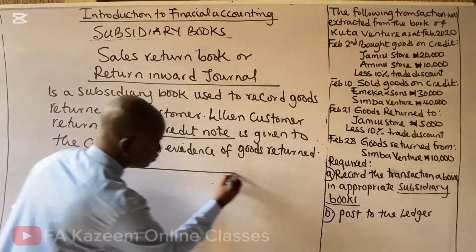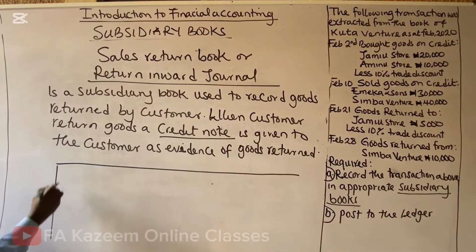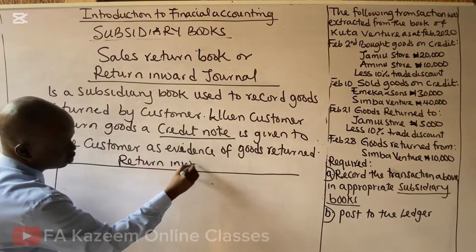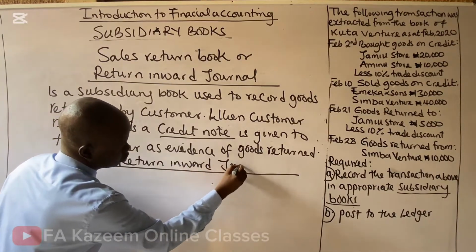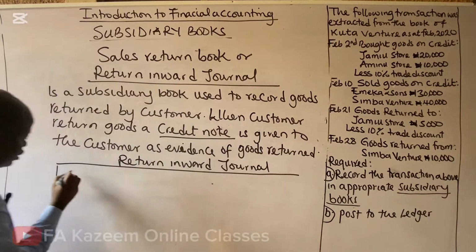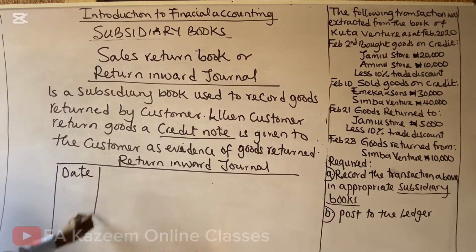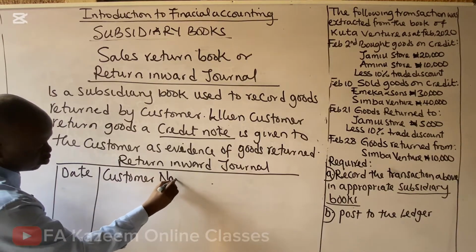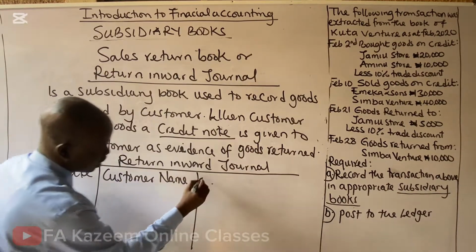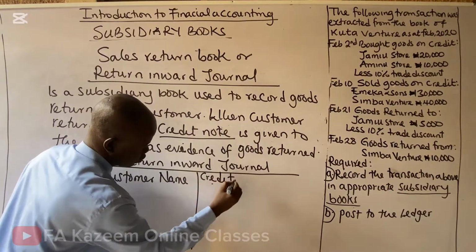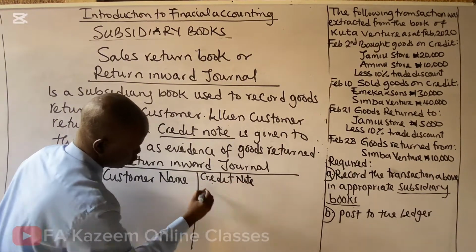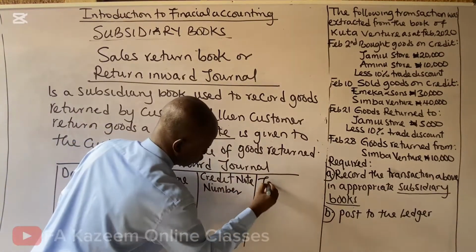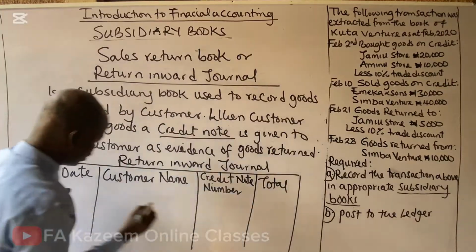In that case, debit note is received from a supplier, while credit note is given to customer. The format of return inward journal is date, customer's name, credit note number, and total.